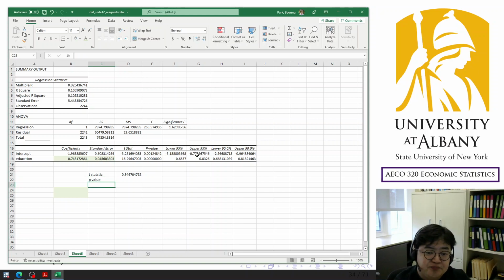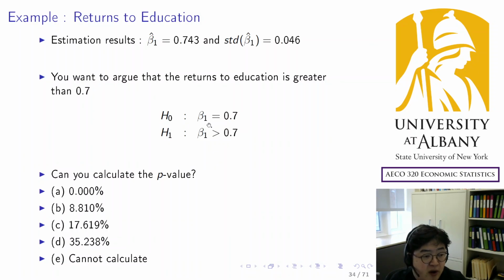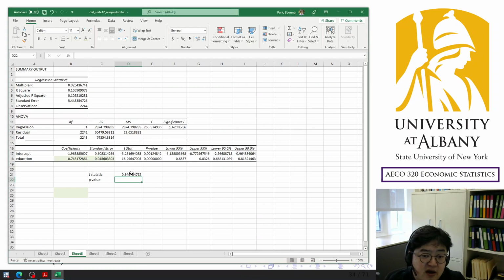So the p-value. I am going to calculate the p-value, but the p-value is calculated based on a one-tail test. It is an upper tail test, so we are concerned only with the right-hand side. For the standard normal, the p-value is the probability greater than the t-statistic.